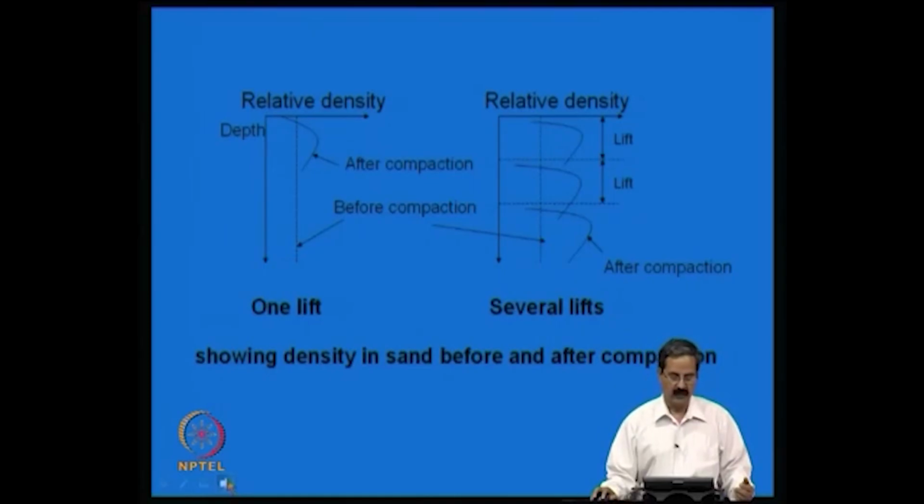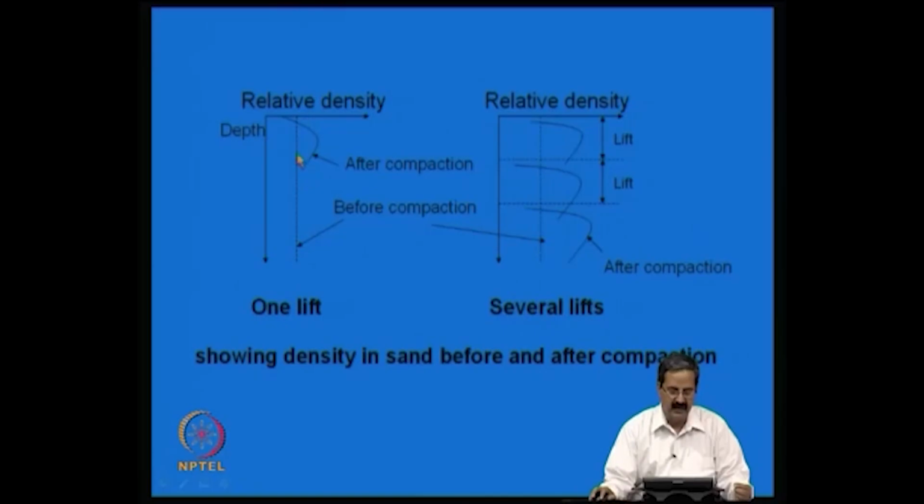Here the advantage is that you normally specify the compaction specifications based on the laboratory test, and you do some rolling with different depths. Then you have to specify some density. Assuming that before compaction there is some density of 16 kilonewton per meter cube, if you compact it you will have a density like this.